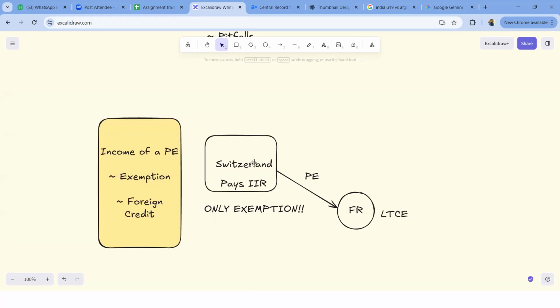Because the treaty actually says any income with respect to the PE is going to be exempt at the resident country's level. So in such a scenario, the IAR mechanism does not work out, right? Because IAR is, at the end of the day, for low tax in France. So I am paying the taxes here. Some treaties, like say the Swiss French treaty, hypothetically says only the exemption method is allowed in case of PE income.